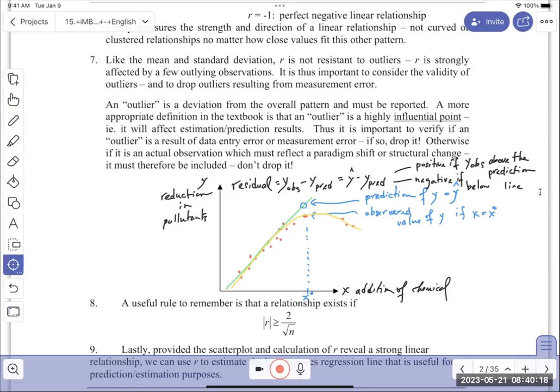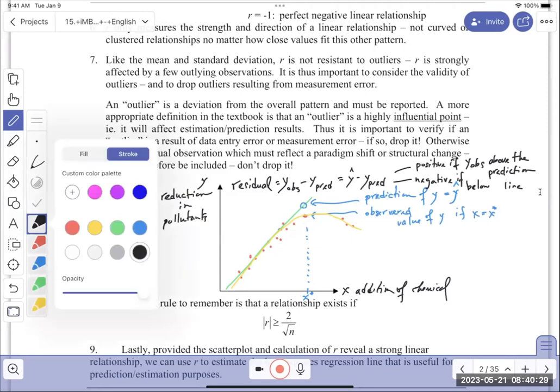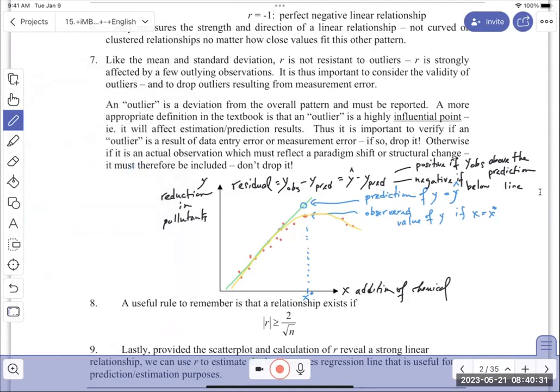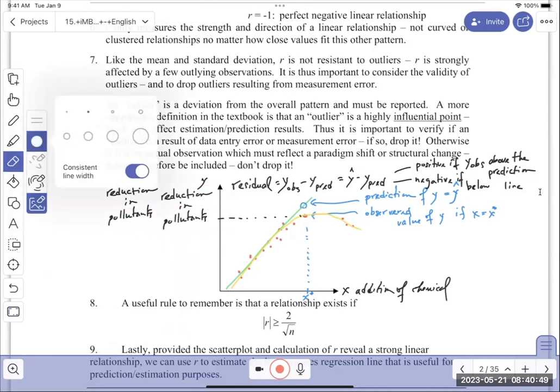If I take y observed, which is this one, and I'm taking the y value, right? So that's here. This is y observed. Any questions? Are you following my discussion right now?